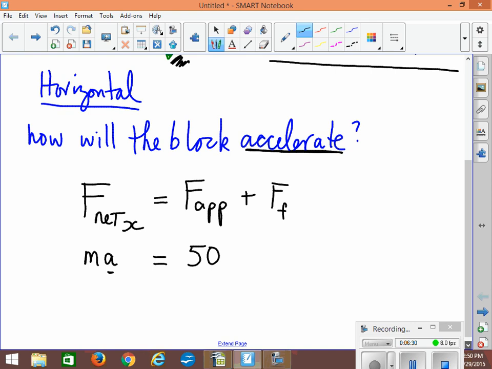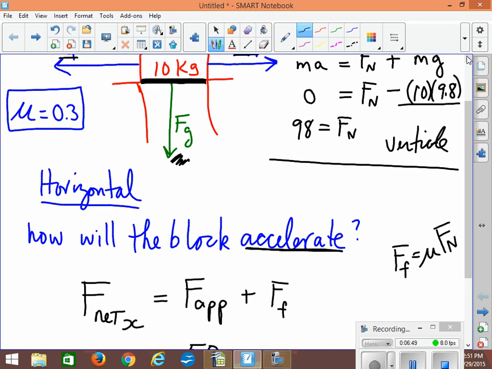Now, you'll recall from a previous video that the force of friction is equal to the mu, the stickiness of the surfaces, multiplied by the force pushing the surfaces together, which happens to be the normal force. And you'll remember normal force was something we were figuring out when we were looking at vertical forces.